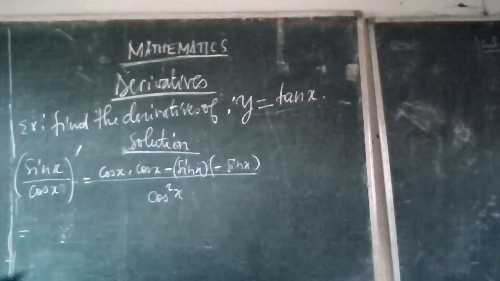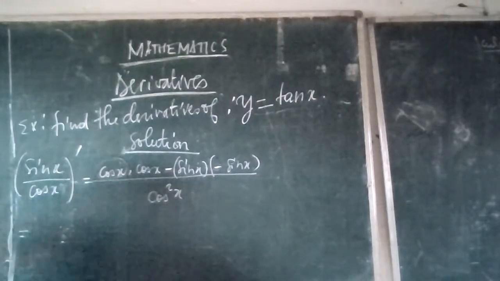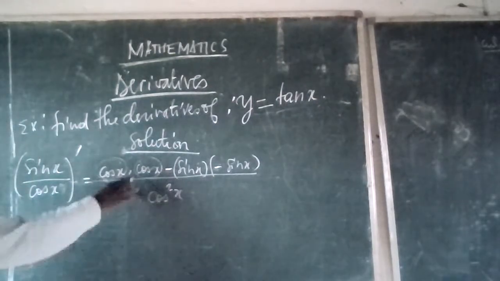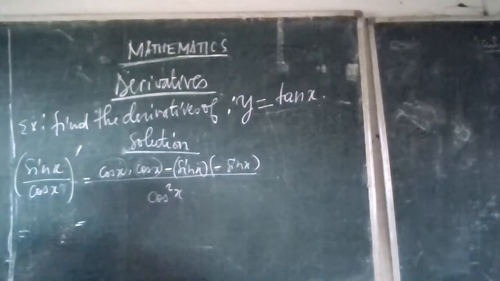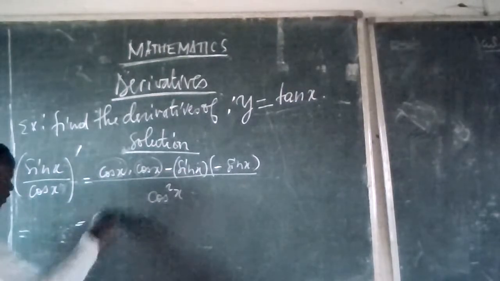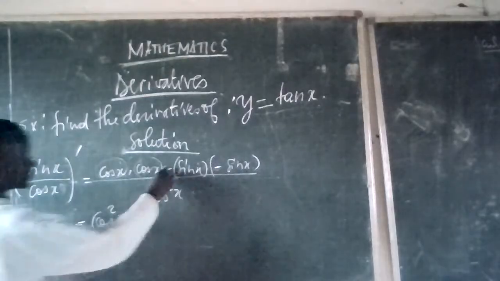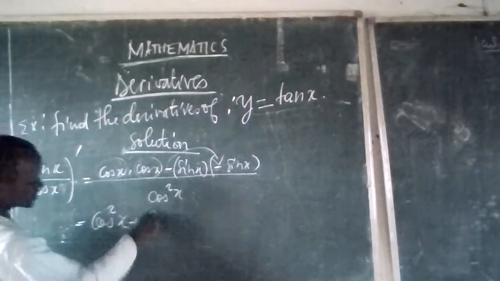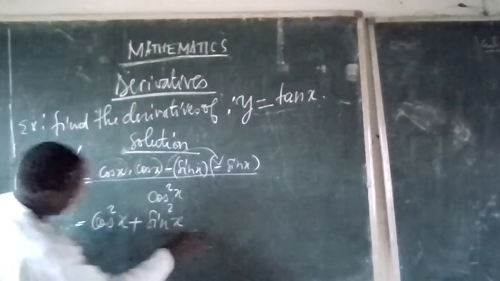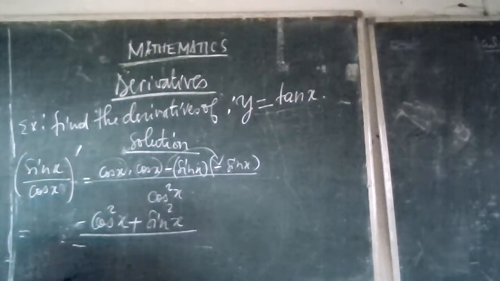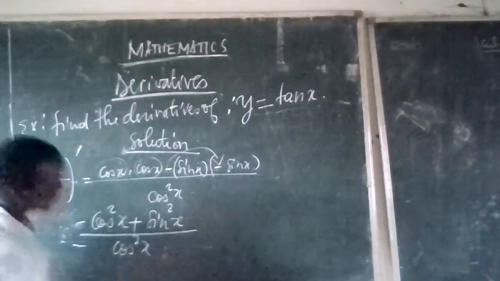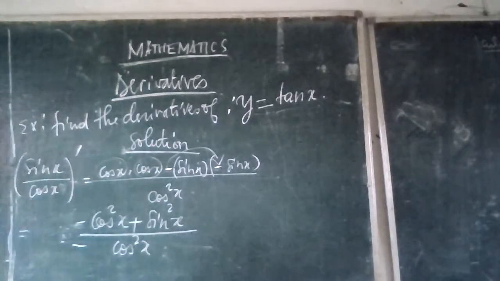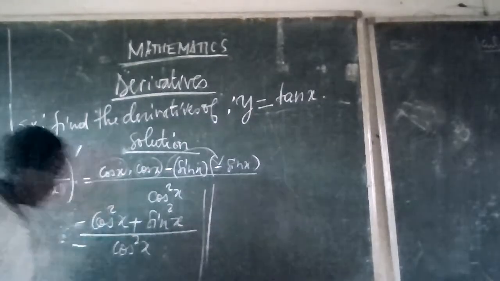You see here above we have cosine times cosine also. We have two cosines, which means that its multiplication will be cosine square x. This minus will multiply with this, then we still have plus sine square x over cosine square x.